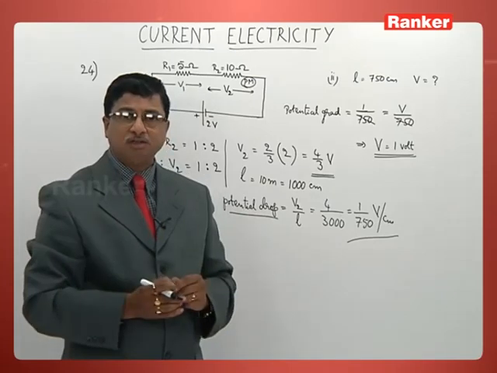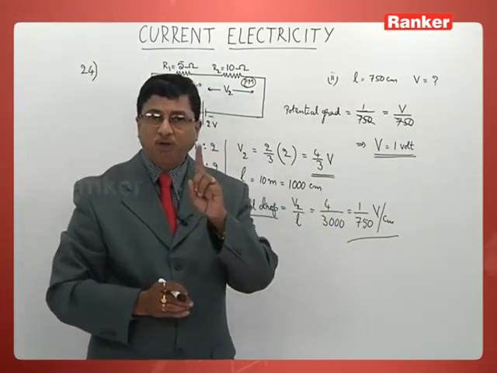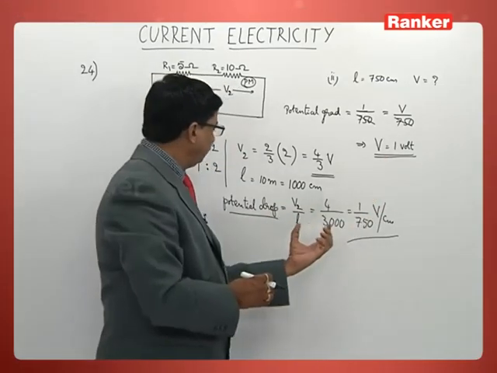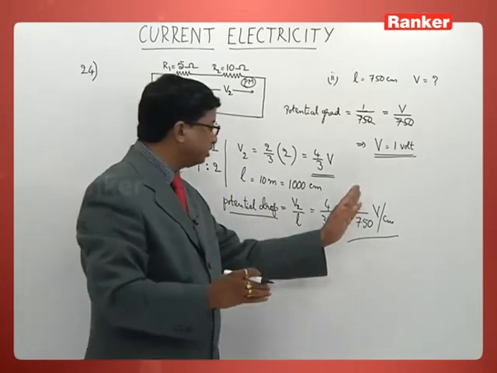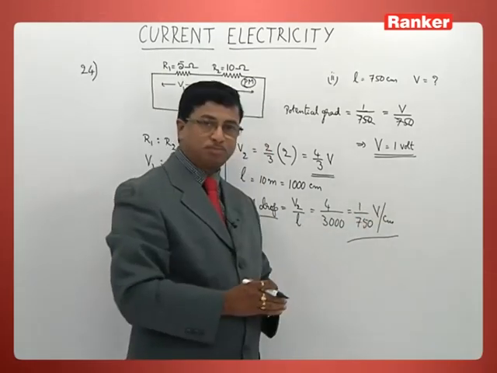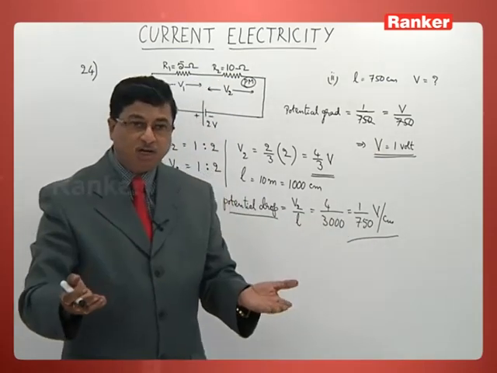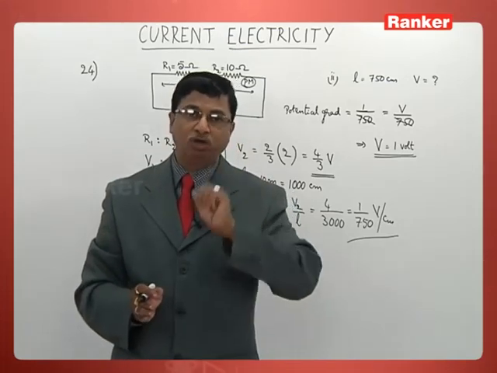That is the question. So what will be the corresponding potential difference here? It's simply 1 volt. Now just correlate these two now. Potential drop according to the first bit is 1 by 750 volt per centimeter. The potential difference across 750 centimeter long wire is again 1 volt.